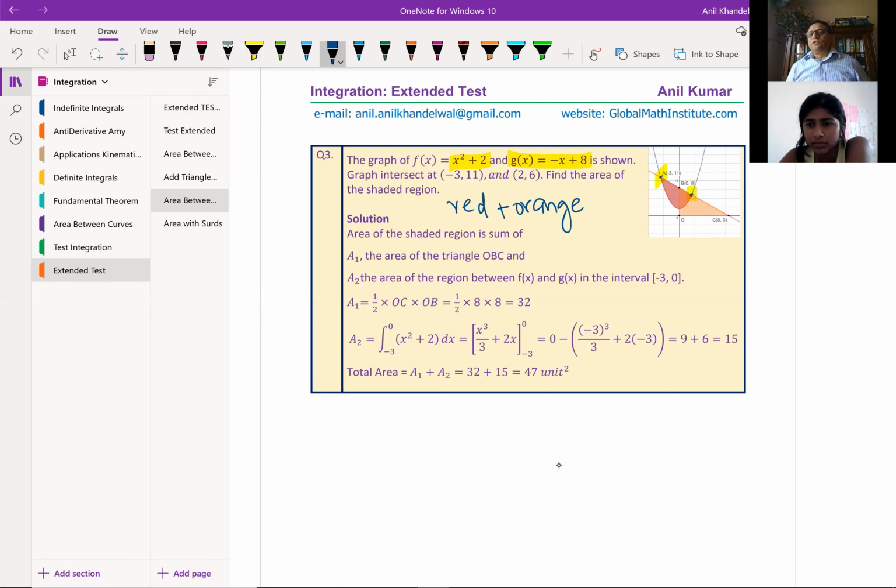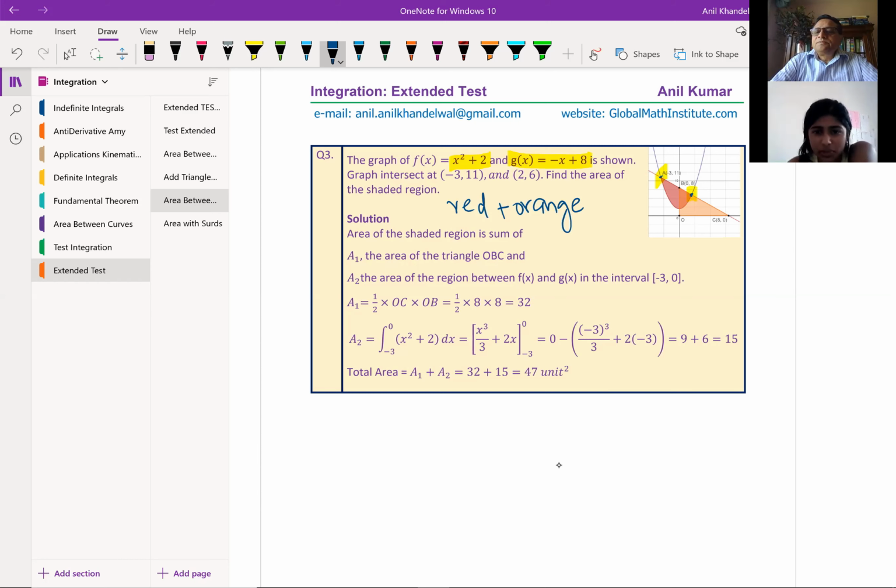The shaded region which you see includes the red portion, which is between the parabola and the straight line, and then the rest of the portion is between straight line and x-axis positive. Do you see that portion? So it is a combination of these two. So what should be your strategy to get this area under the shaded region?